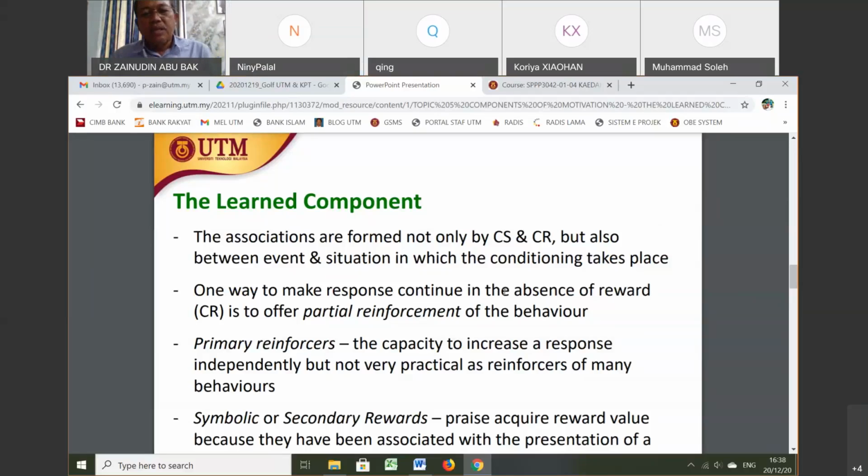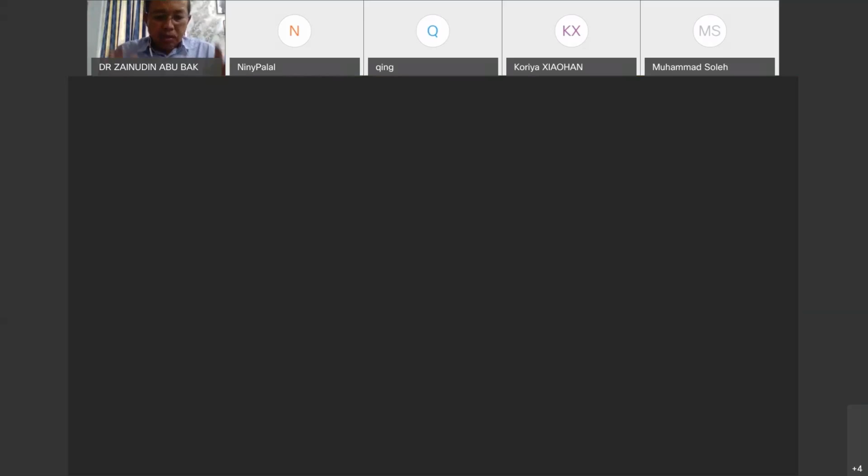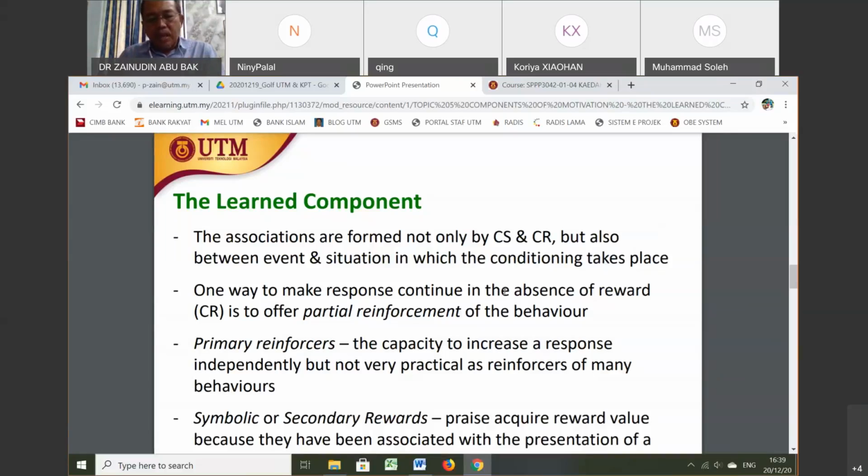By looking at the reinforcement perspective, by looking at the punishment perspective, right? By considering that, at least we have various ways of reinforcing the behavior, or developing the behavior.